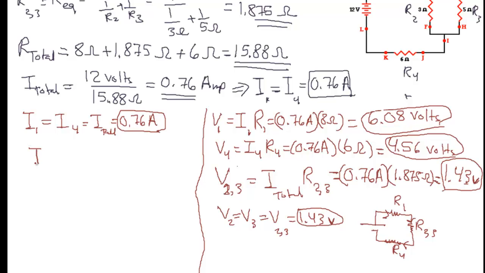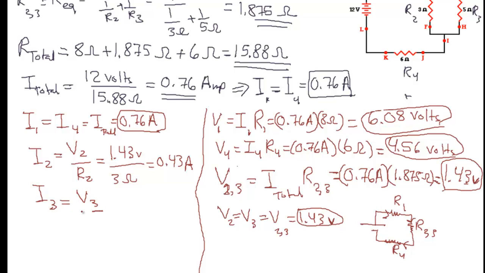So I2 would be equal to the voltage across R2 divided by the resistance of R2. And the voltage is 1.43 volts divided by the resistance of R2, which is 3 ohms. And this will yield 0.48 amps. The same thing, we can find the current that goes through R3. Let's call it I3.